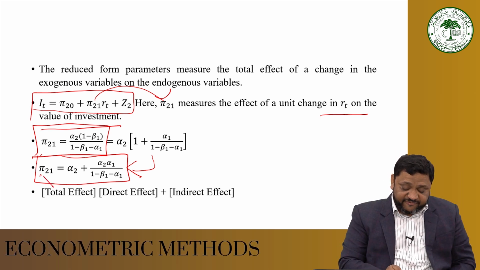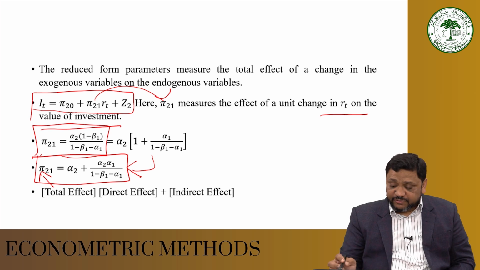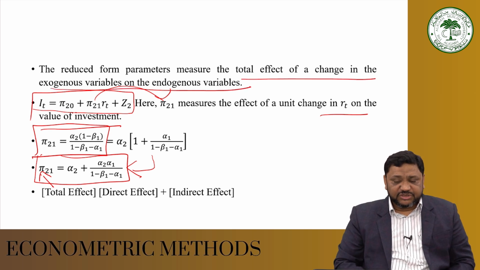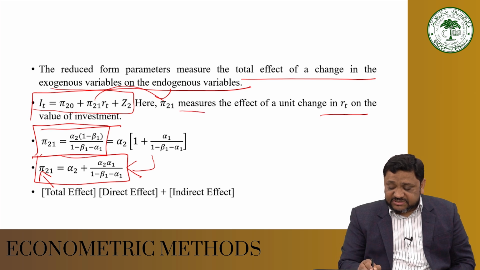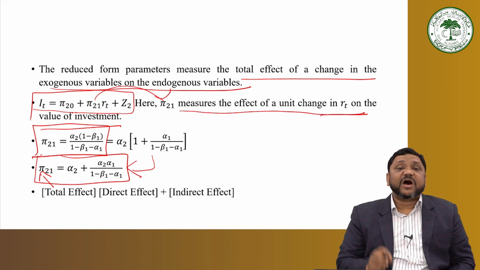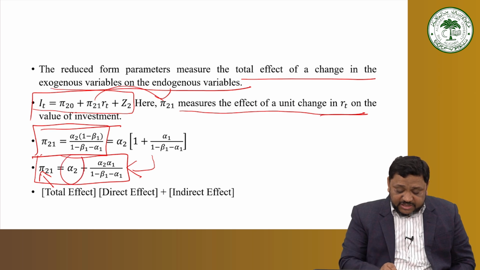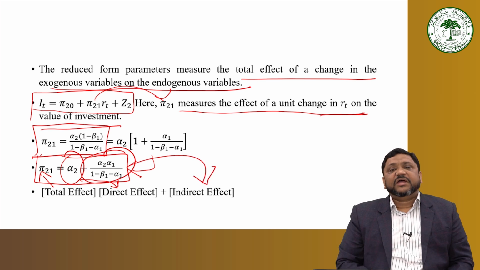So this is the effect of change in the exogenous variable on the endogenous variable, or it measures the effect of a unit change of R on investment. It is made up of two things. This is what you refer to as the direct effect, and the second term is referred to as the indirect effect.